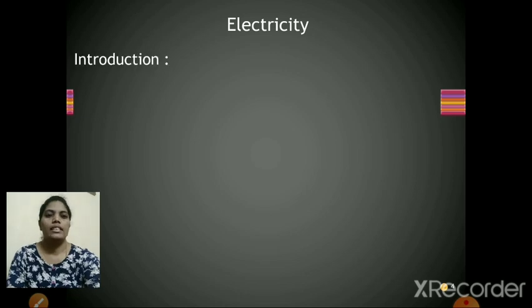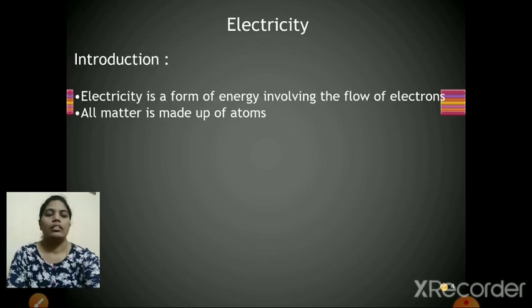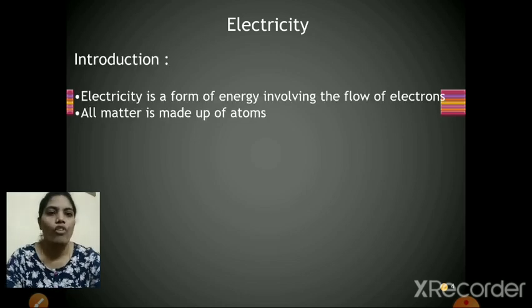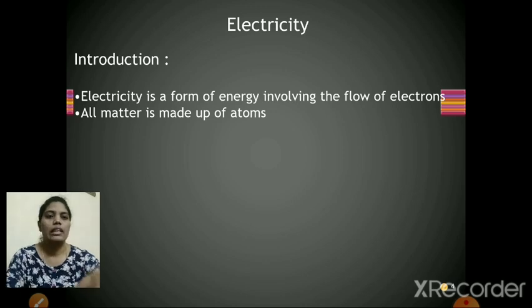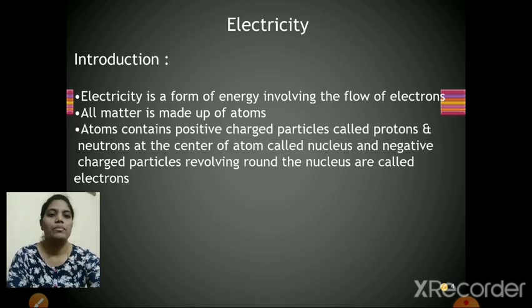So what is electricity? See, electricity is a form of energy which involves the flow of electrons. Now, before discussing the electrons, the matter which is present around us is made up of atoms.